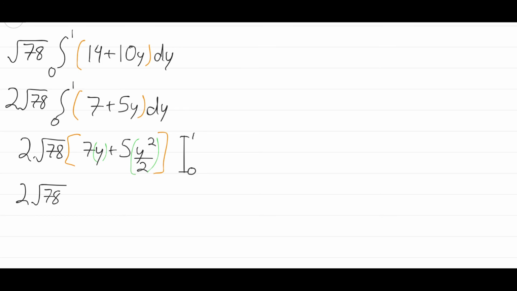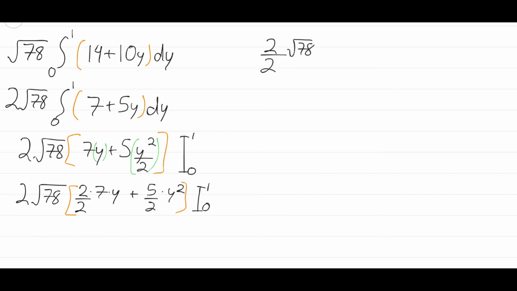And now what we're going to do is we're going to have a common denominator, so that way it makes it easier when we plug it in. So we know 2 over 2 times 7 times y plus 5 over 2 times y squared, bounded from 0 to 1. And from there, we have a common denominator of 2, so we can factor out the denominator, which is 2.